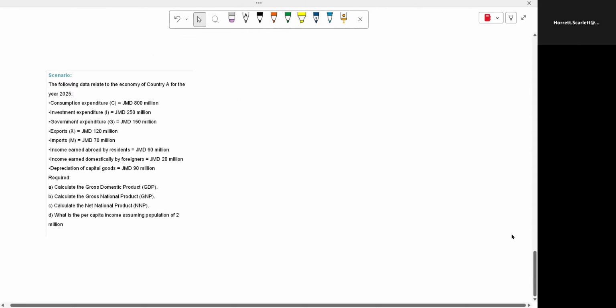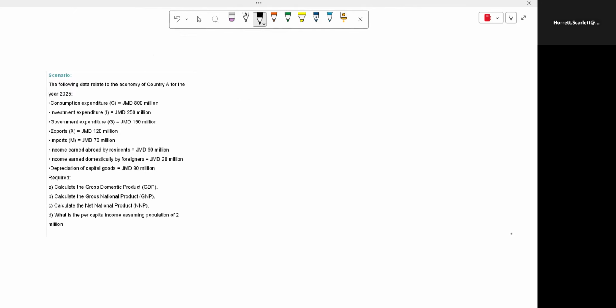Alrighty. So we are looking at some data that relates to a country over a particular period. So this is 2025. And we are told that we want to calculate GDP, GNP, and NNP. So let's start out by computing GDP.